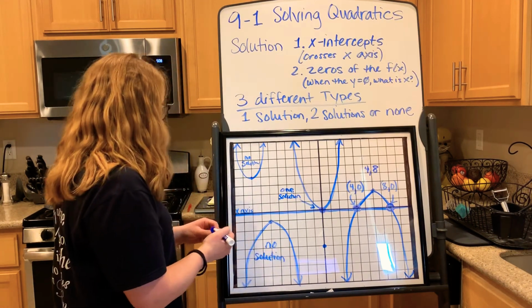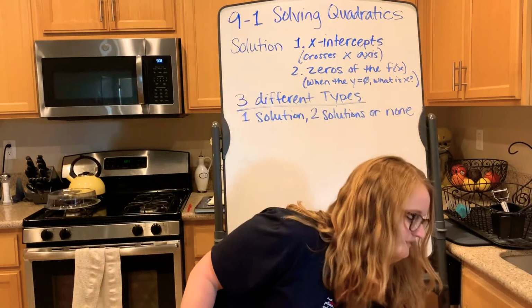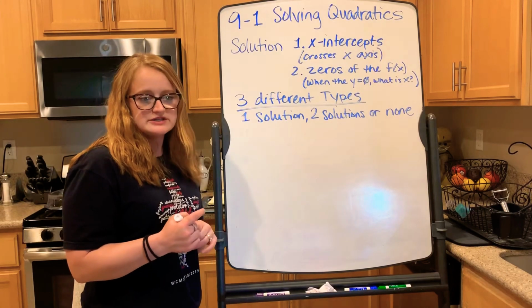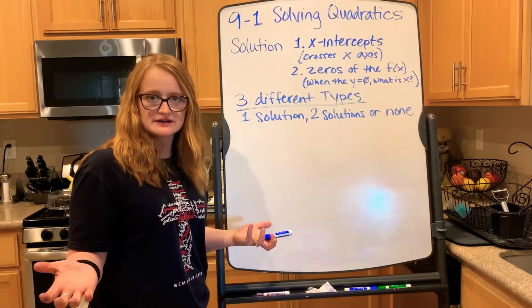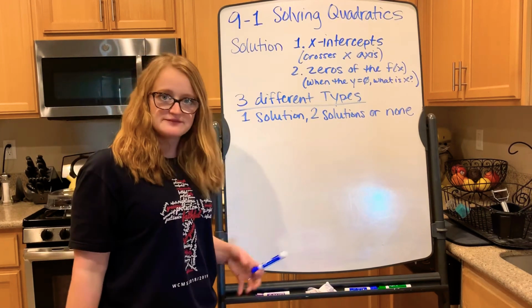All right, so let me do a couple more examples with you, because you're gonna do one of two things. If you have a quadratic equation that you're given and you're asked to find the solution with graphing, you can use the Desmos calculator. I posted a link on your Google Classroom, and you can use it as your graphing calculator.